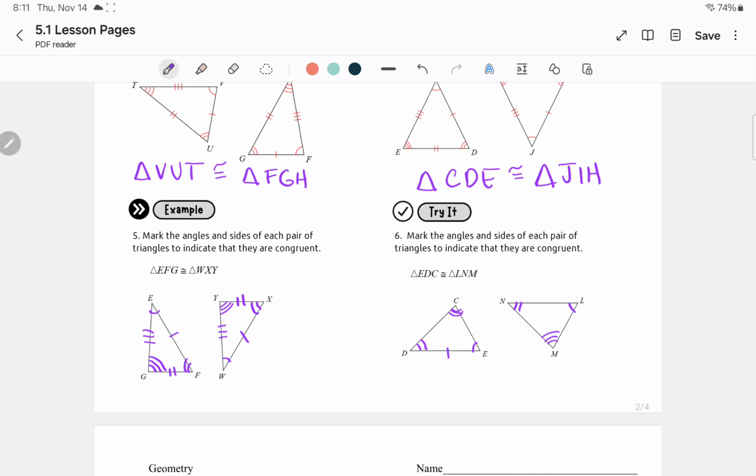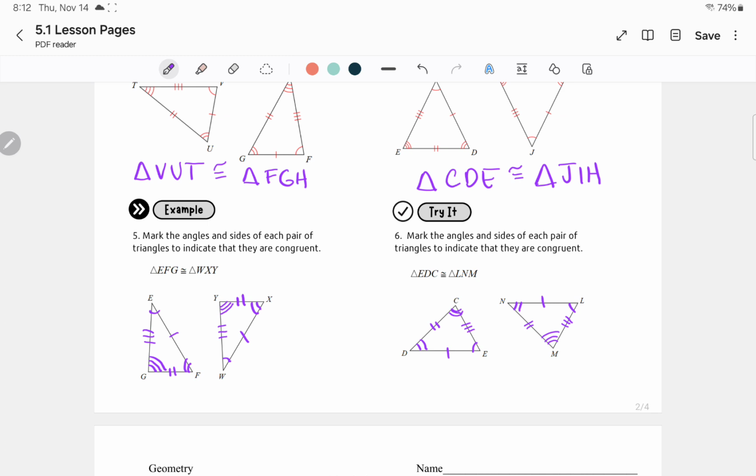It's going to have 1 tick mark. LN is going to have 1 tick mark. DC is going to have 2. Okay, the last 2 letters, NM is going to have 2. And then EC is going to have 3. And then LM is going to have 3.